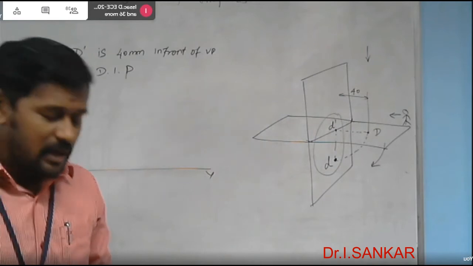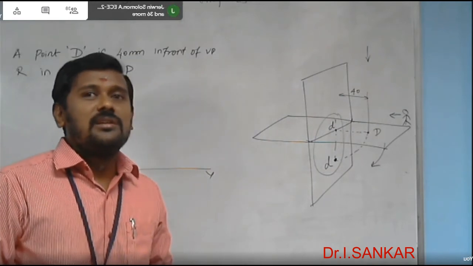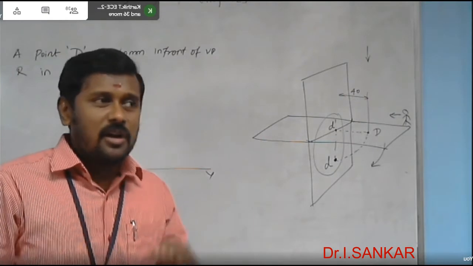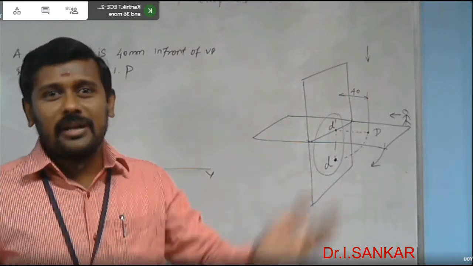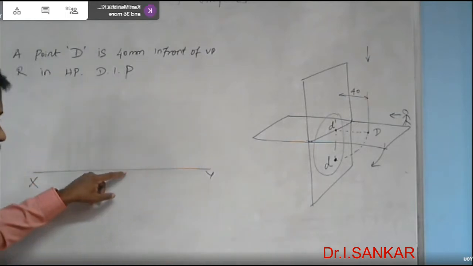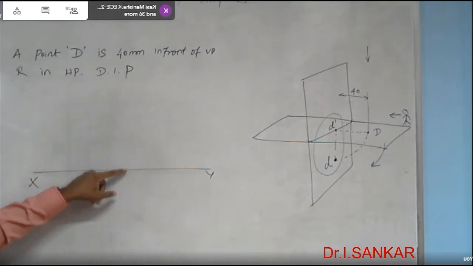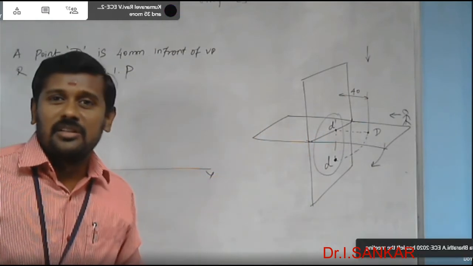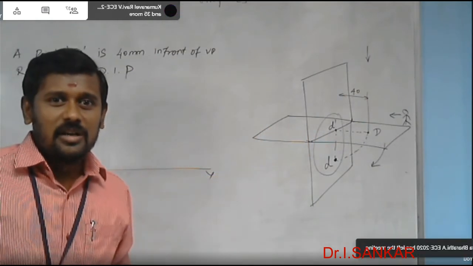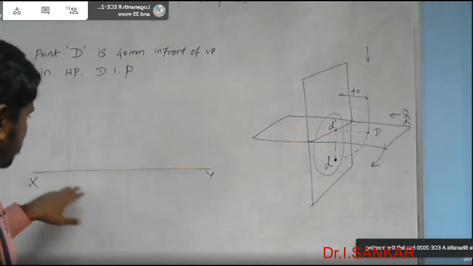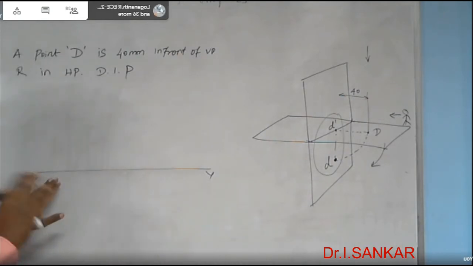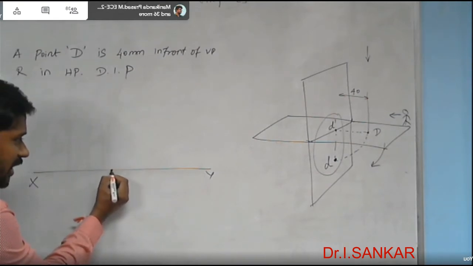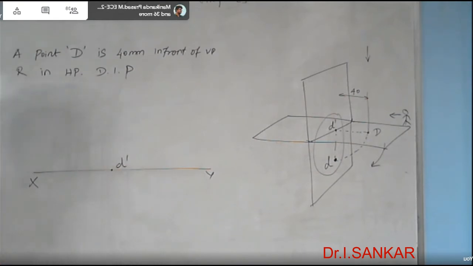If the point had any distance above the horizontal plane, say 1 mm or 10 mm, then we would maintain that distance above XY. But here the point is located 0 above the horizontal plane, so as usual we maintain the same distance there too. The front view can be located on the XY line itself as D dash.